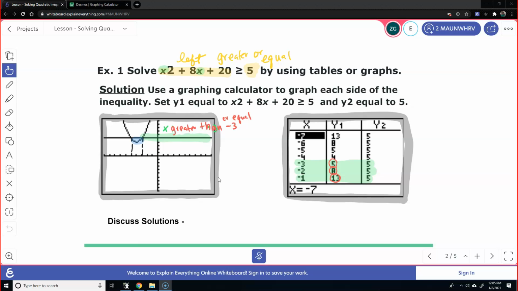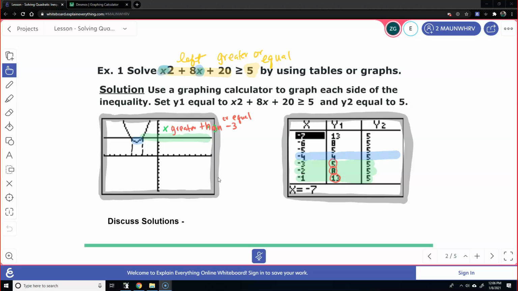So for example, if -4 was placed into the inequality, the answer that we would get on the left side is 4. Now is 4 greater than 5? We would have to say no. So anything between -5 and -3 will not be part of the answer.